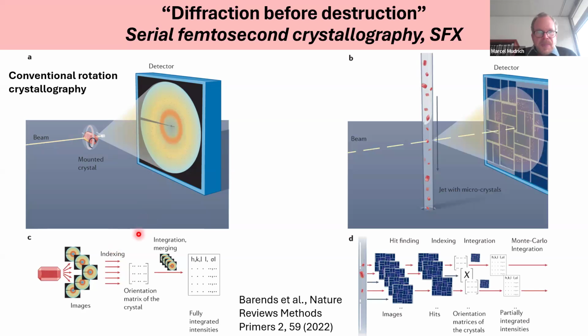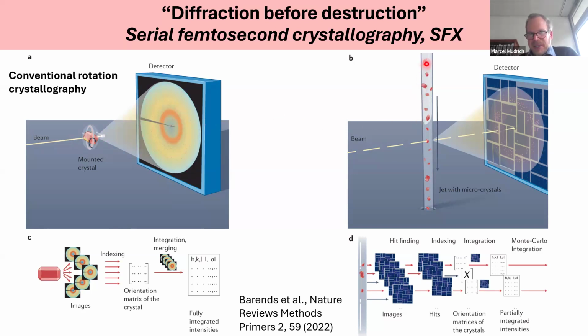Here is a very interesting review article in the Nature Reviews Methods Primers journal. It's a quite new journal that compares the good old conventional rotation crystallography, where the crystalline sample was put into the beam and then rotated to record the diffraction patterns for different angles.